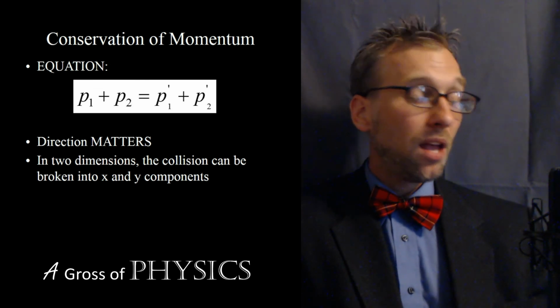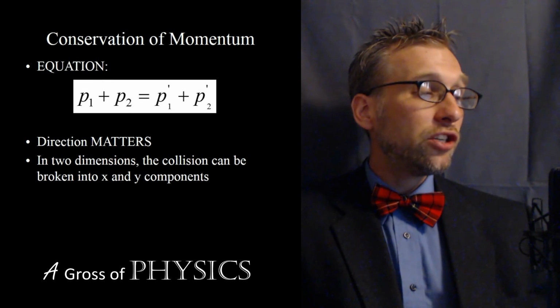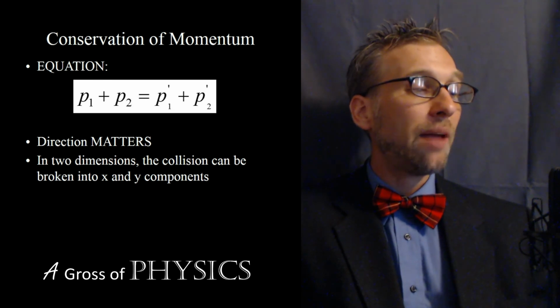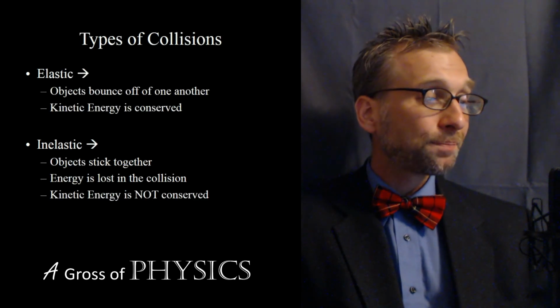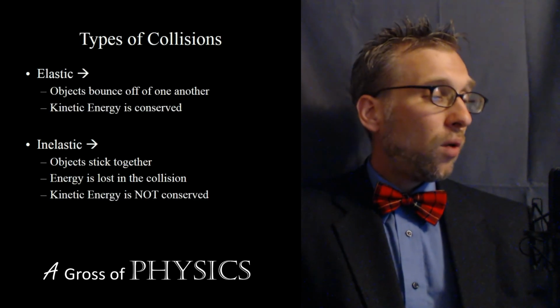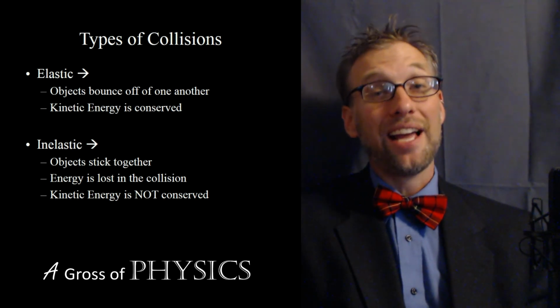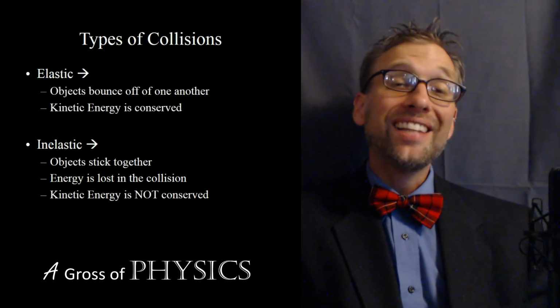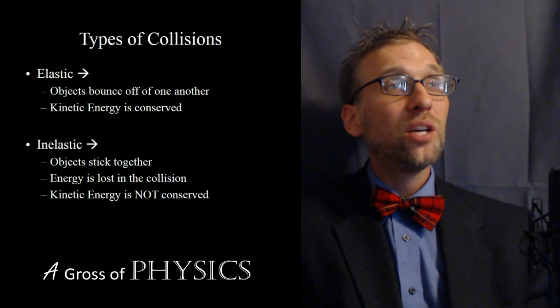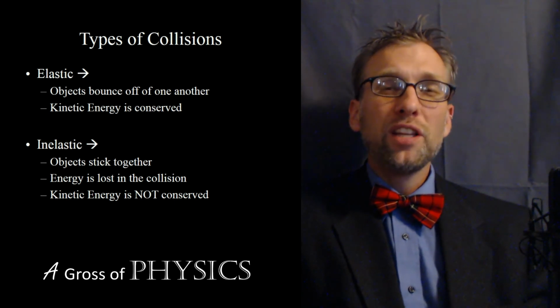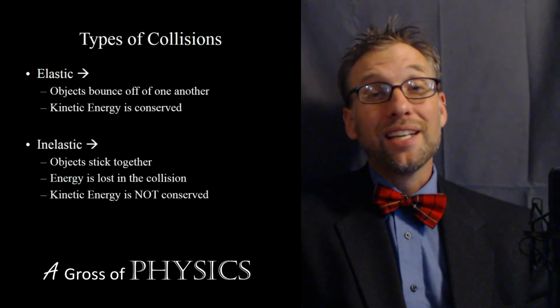Now, different collisions can occur between different objects, and we have two different types of collisions that we're going to talk about: elastic and inelastic collisions. An elastic collision occurs when we deal with objects such as billiard balls, things that are perfectly rigid, when things don't stick together.